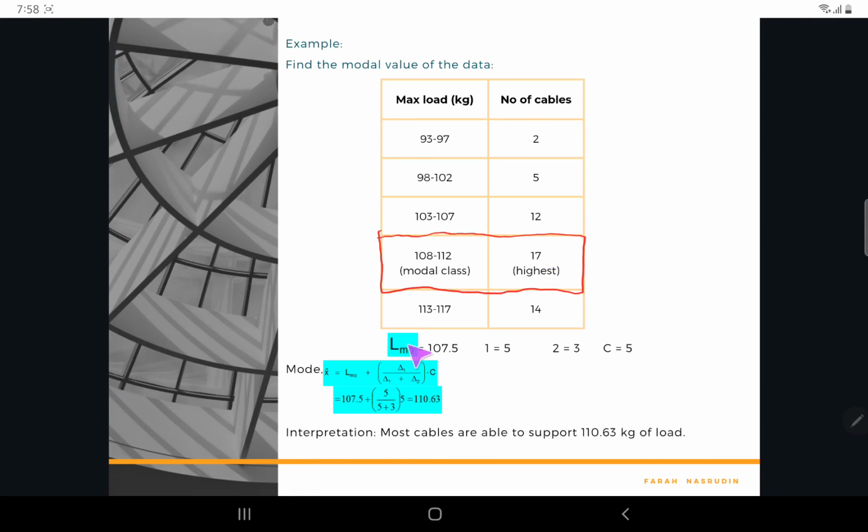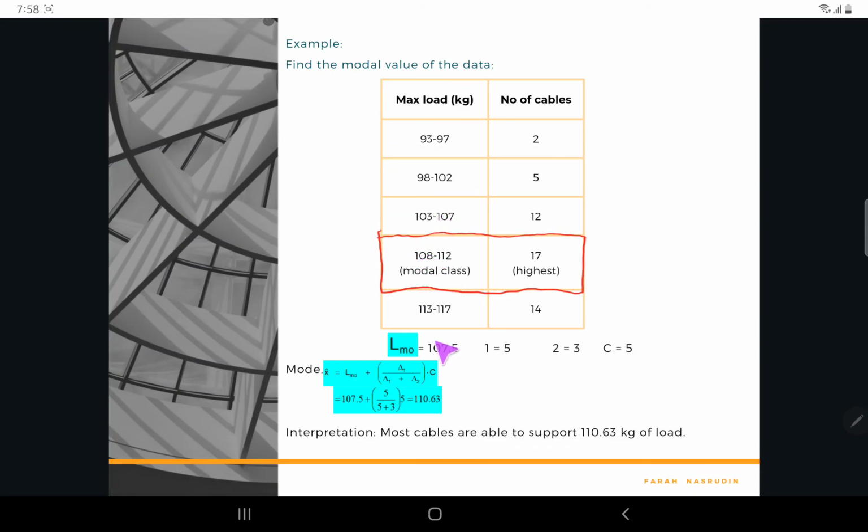So we need to find L_Mo, which is the lower boundary of the class containing the mode, meaning the lower boundary of the mode class. So our lower boundary is between 107 and 108.